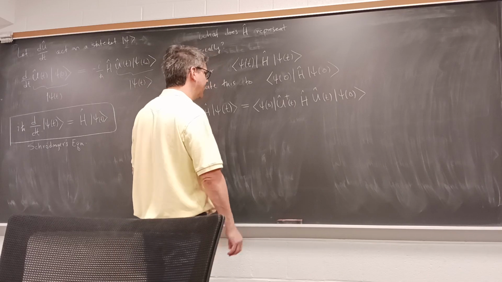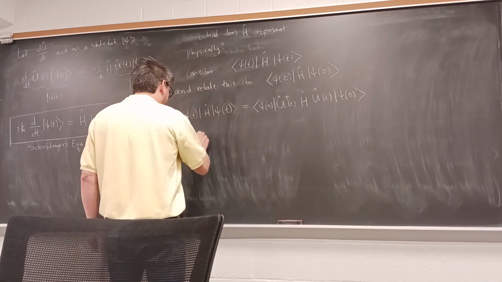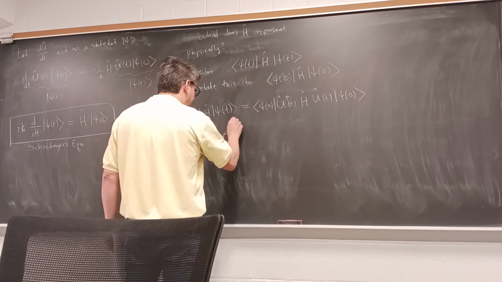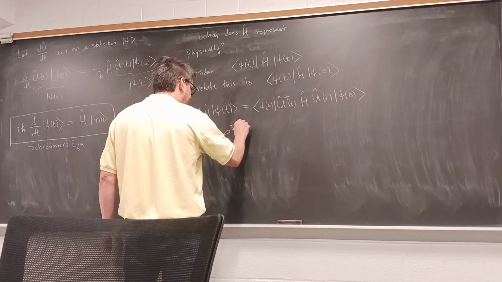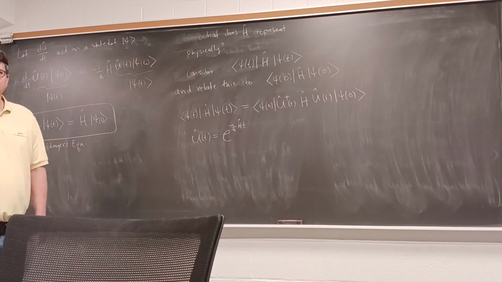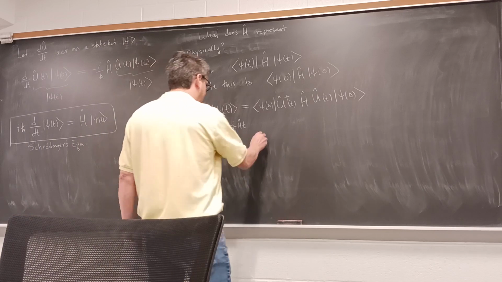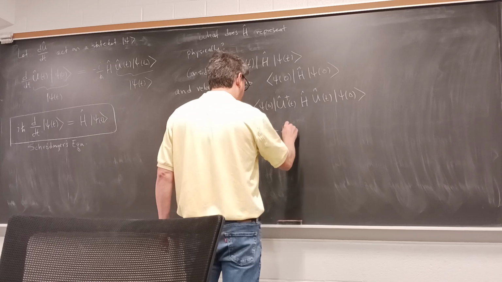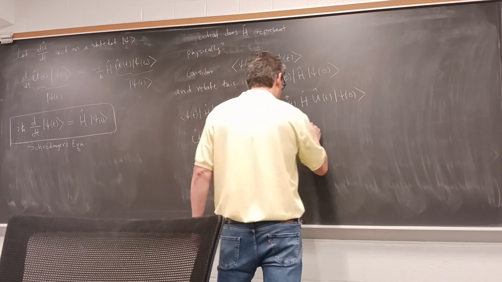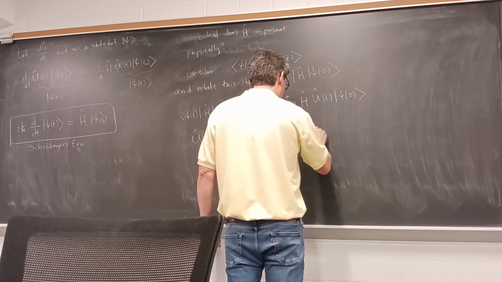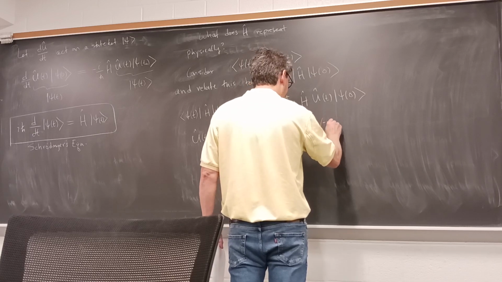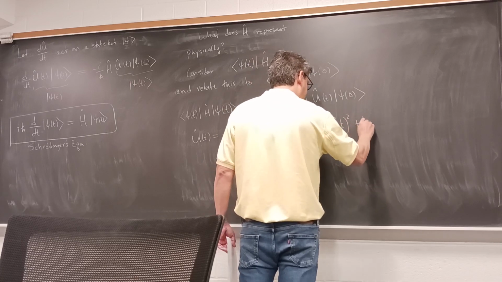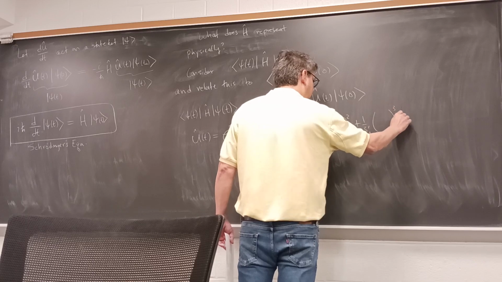Now there's a really important thing. U hat of t we found was e to the minus i over h bar H hat t. And this thing has an expansion just like any exponential: 1 minus i over h bar H hat t, plus 1 over 2 factorial, minus i over h bar H hat t squared, plus 1 over 3 factorial cubed, plus dot dot dot.